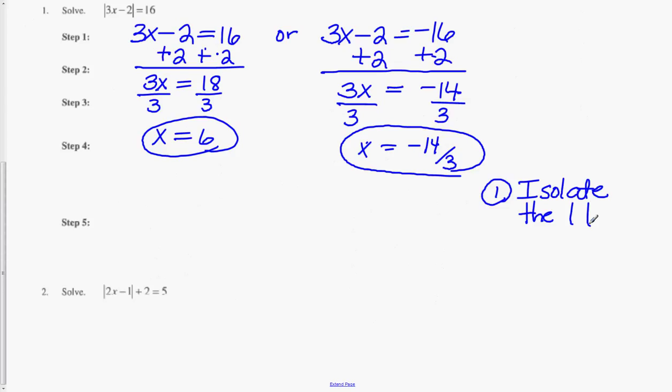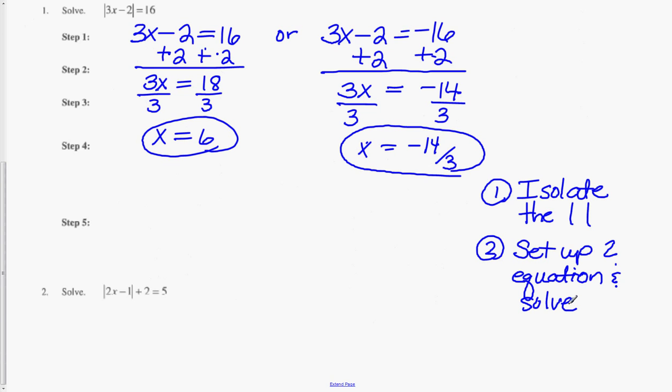So in this number 2, I do not have the absolute value part isolated. After you isolate it, you're going to set up your two equations, and we're going to solve those, just like we did in the first example.